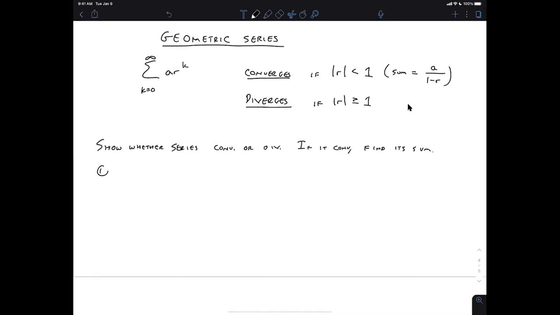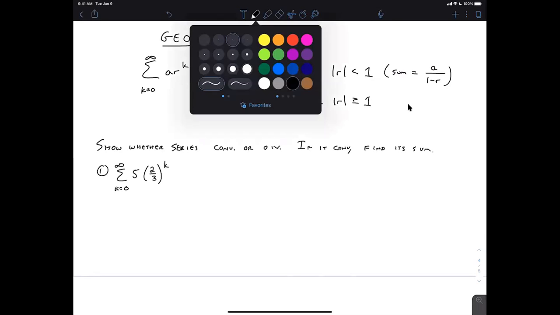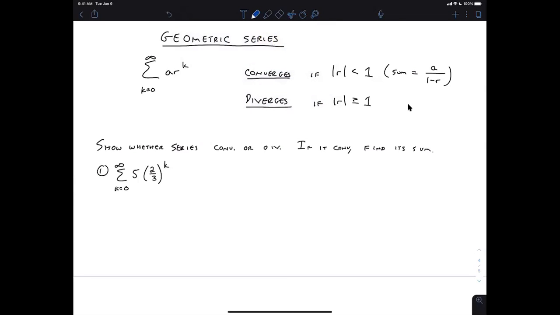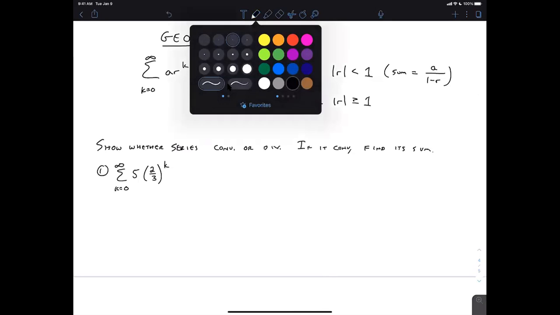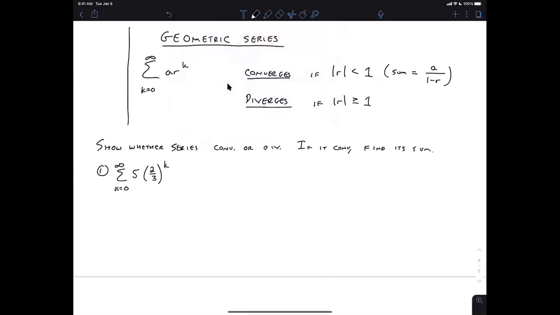So number 1 is the sum from k equals 0 to infinity of 5 times 2/3 to the k. And so now, we can go through and do that whole system of equations. But now that we've got this big result, we'll box it in, we don't have to do all that.